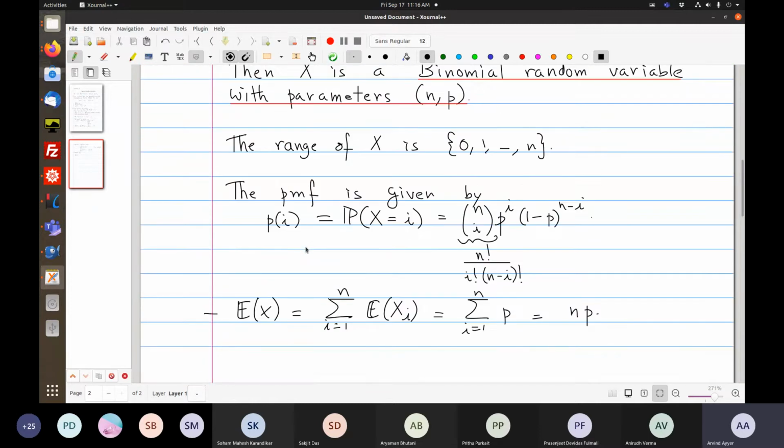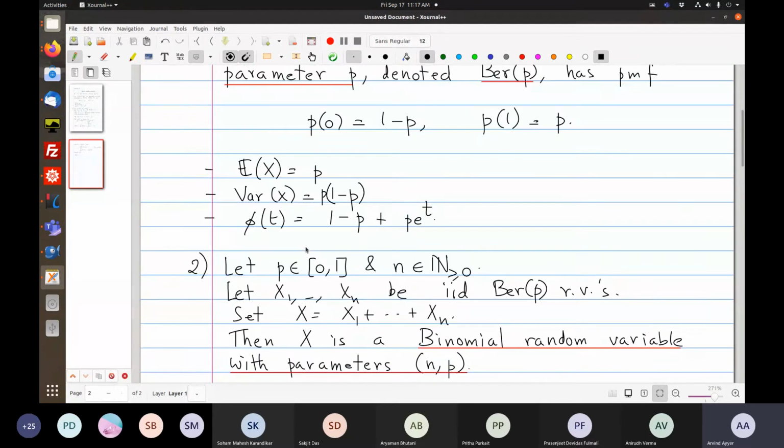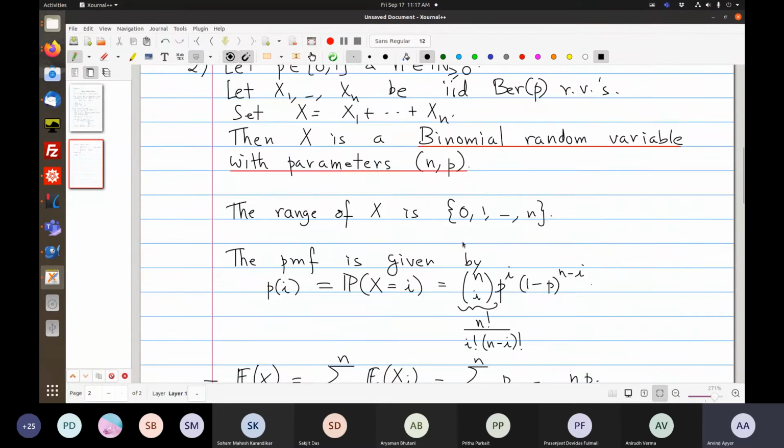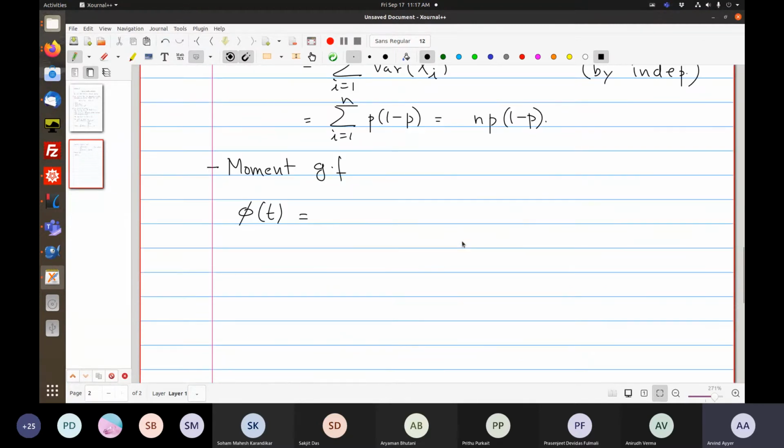We have seen that the moment generating function of a sum of independent random variables is the product. So phi of t is (1 minus p plus p e to the t) raised to the n. So it's the product of... okay, maybe I'll write it in two steps.